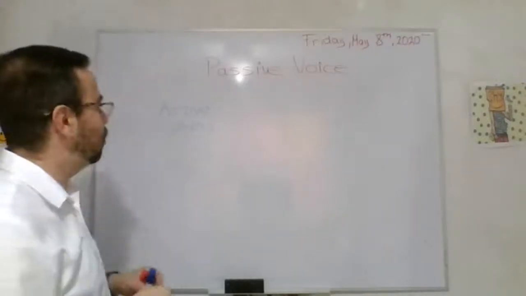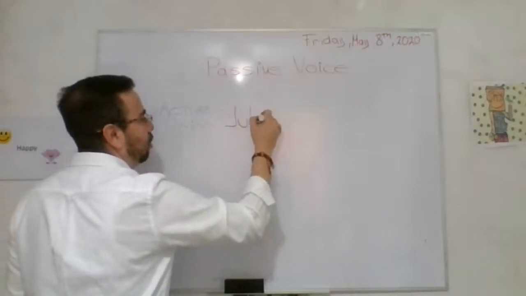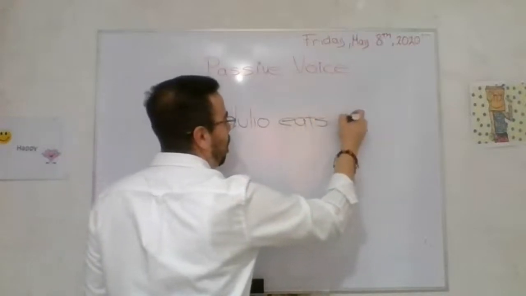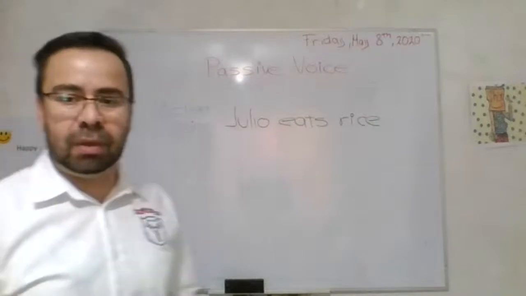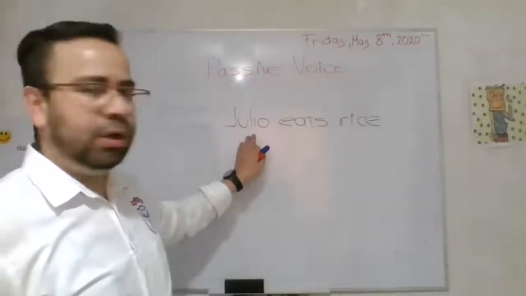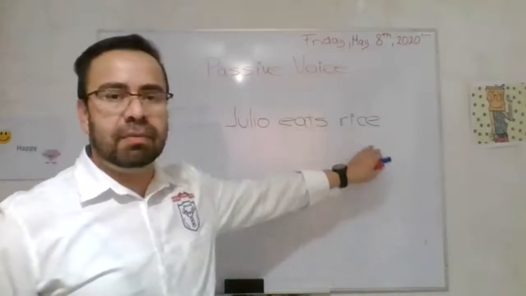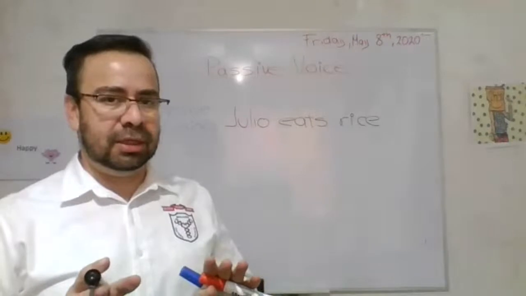Example. Julio eats rice. Julio eats rice is a normal sentence. It's a classical, common sentence.